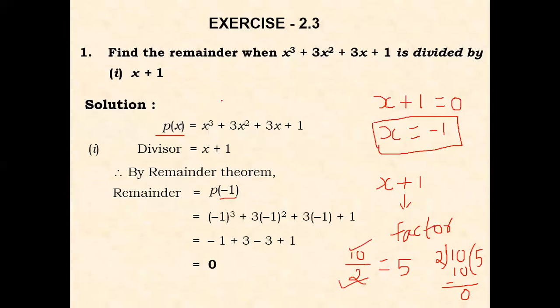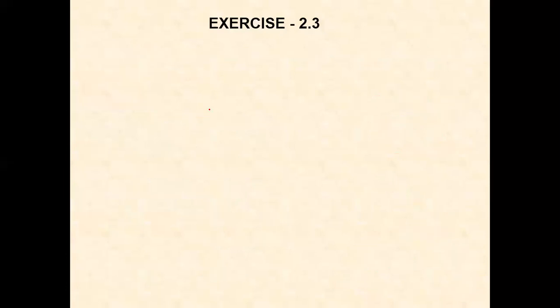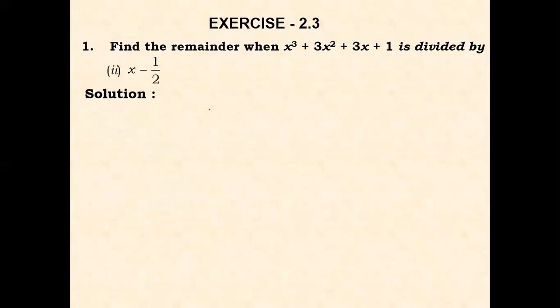Similarly, in this solution also, the remainder is 0 here. So you say x plus 1 is a factor of this px. I hope you understood it very well. Now the question number 1, second part. The concept is again the same.